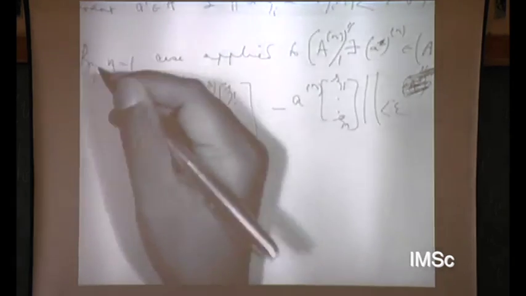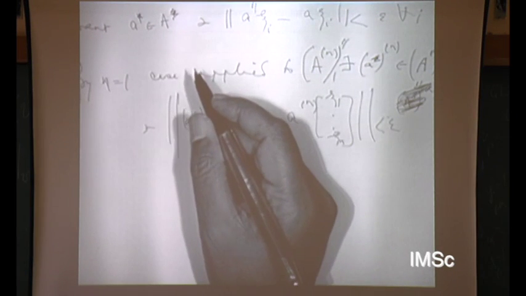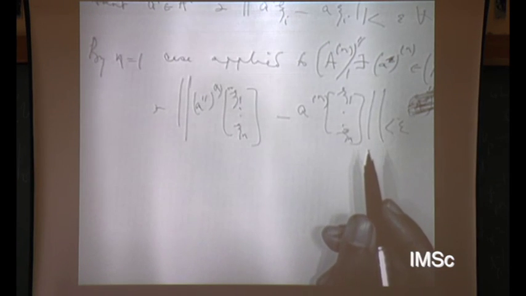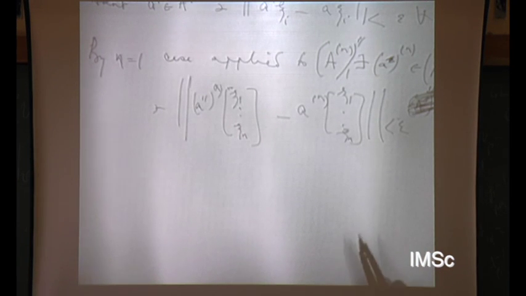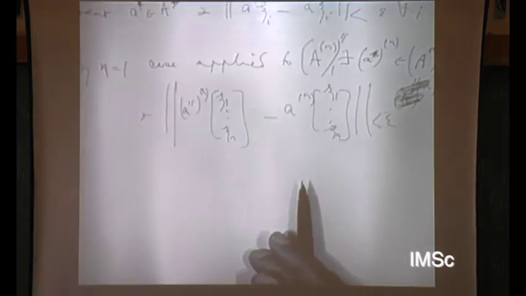See, I started with A double prime n in that. Is it clear? I'm getting tongue-tied. Is it clear what I'm trying to say? No, not clear.